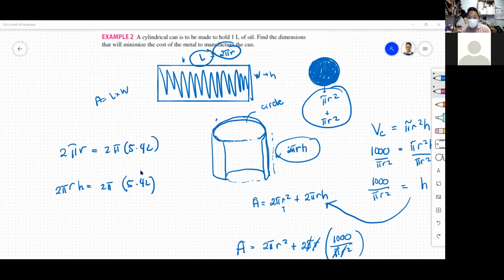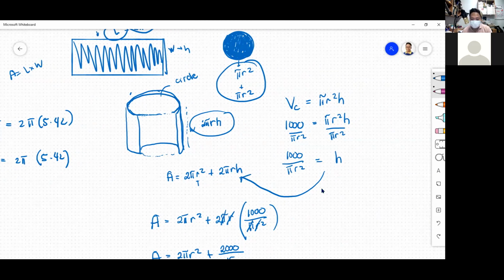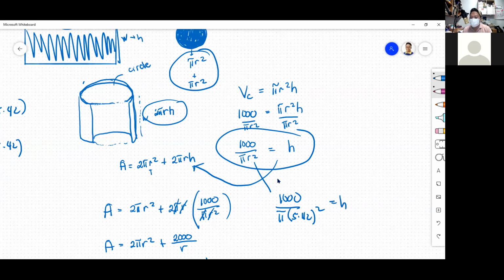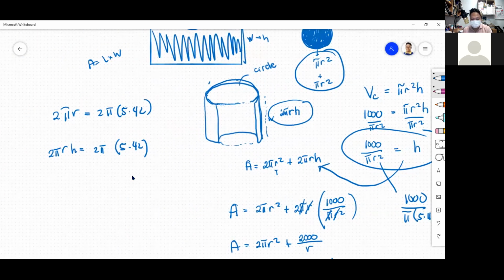Karon, unsa ang pag-solve sa height ani sir? What do you think? The height, guys, will be solved using here, and our r is 5.42 squared. So, kung sa resulta ana, guys, ibutang ninyo diri.